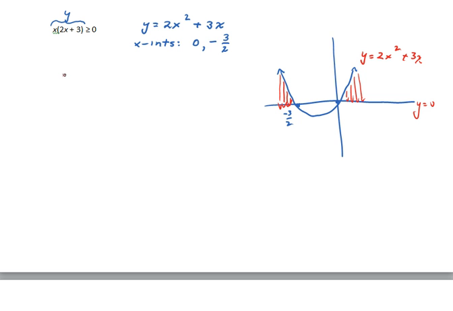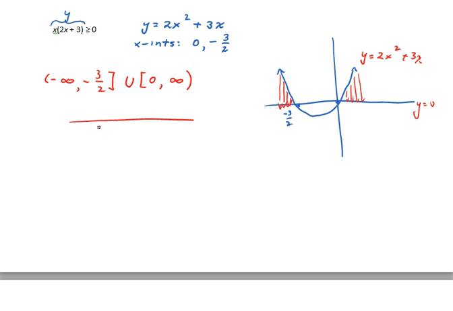And so this time the intercepts are included because it's greater than or equal to. And so our interval, we're going to have two intervals here with a union. So it's going to be from -∞ to -3/2, including the -3/2, union 0 to infinity, including the 0.